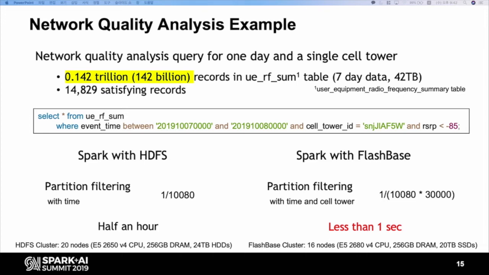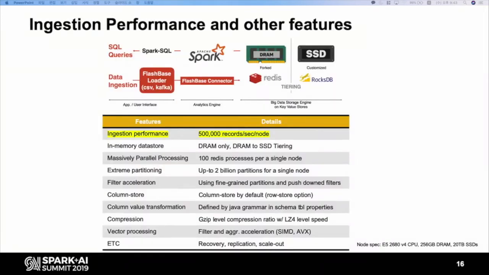With more servers, it is also possible to filter out trillions of records in a second by increasing the number of partitions. And for ingestion performance, FlashBase can ingest 500,000 records every second in a single node. And for the rest of features, you can check them in the table.